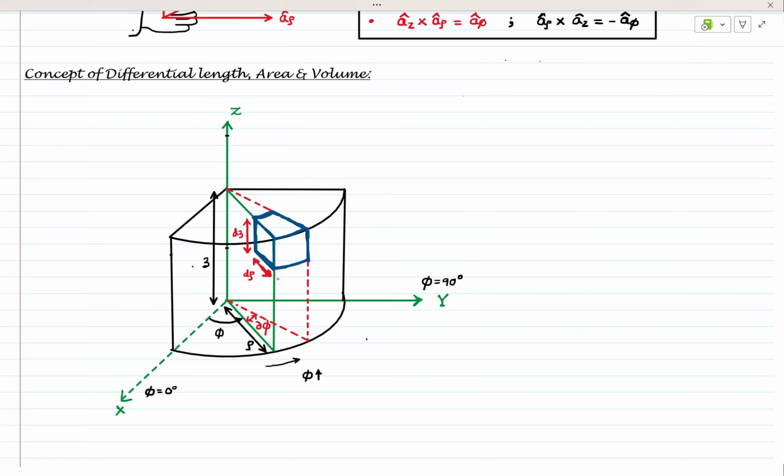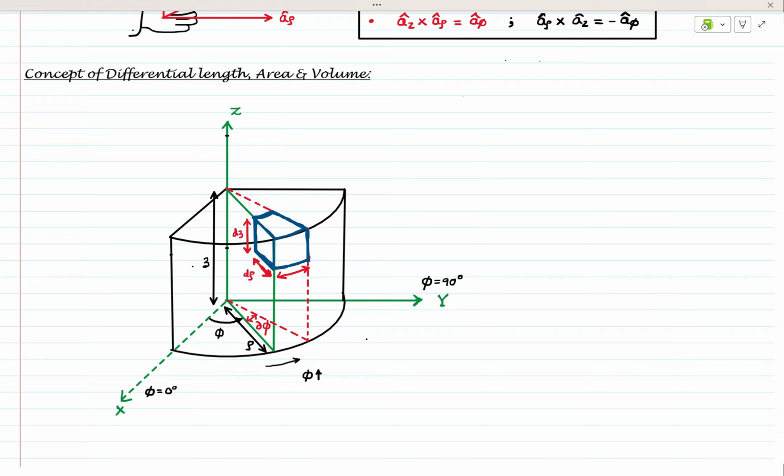The length or width, whatever you want to call it: if this is the length, this is the width. So the length of this section is a small portion of rho, and that's why we have considered it as d rho. And the width? Now for the width, there is a trick.